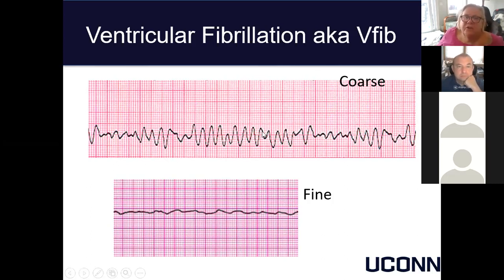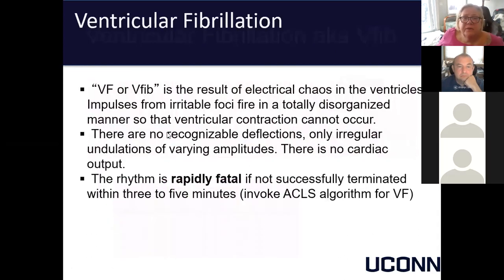And your patient is not alert, does not have pulses, you cannot get a blood pressure. This is clearly an emergency situation. It's, as I said, electrical chaos in the ventricles. And so you need to initiate CPR as soon as possible.